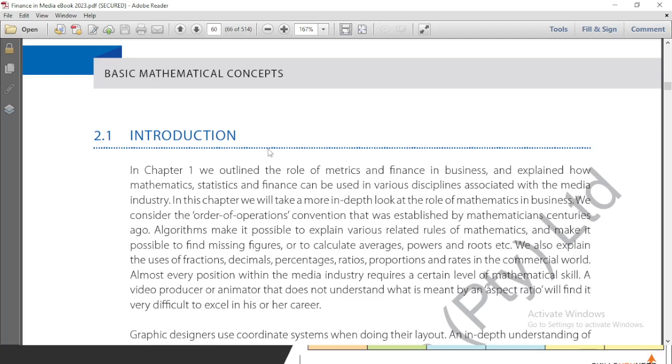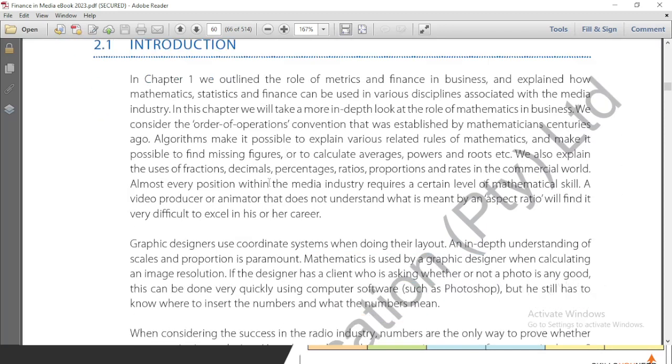We're going to start by looking at the order of operations, based on our learning outcome. The importance of business mathematics can be seen from people who do graphic design, who use mathematics on a daily basis. For example, a client comes in and asks whether the picture that they supplied is good enough and whether it will be visible or clear.